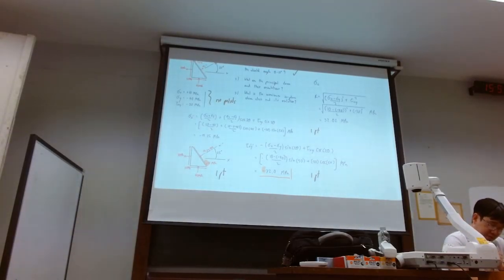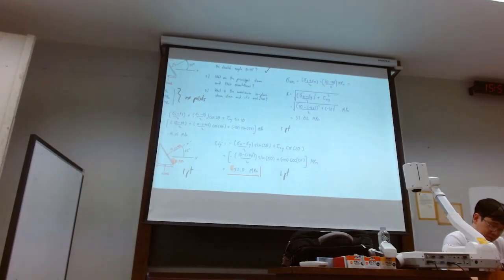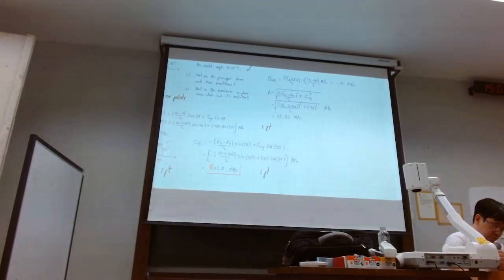And you need to find the sigma average as well. So sigma average is just sigma x plus sigma y over 2. And 10 minus 40 over 2 MPa, and you get minus 15 MPa. So this is part of doing question number 2.